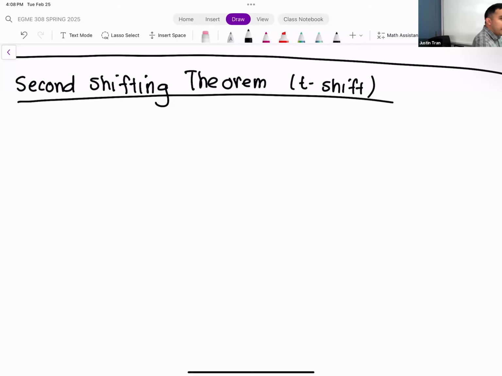The first shifting theorem basically states that if you multiply a function by an exponential in the time domain, the physical domain, that's going to end up being a shift in the Laplace domain, right? So the second shifting theorem is kind of the opposite.